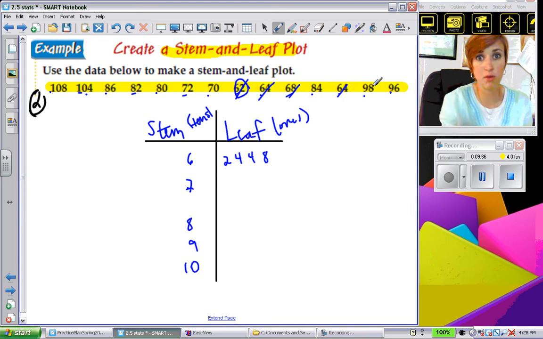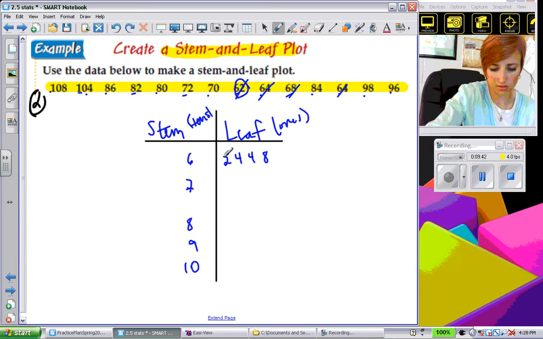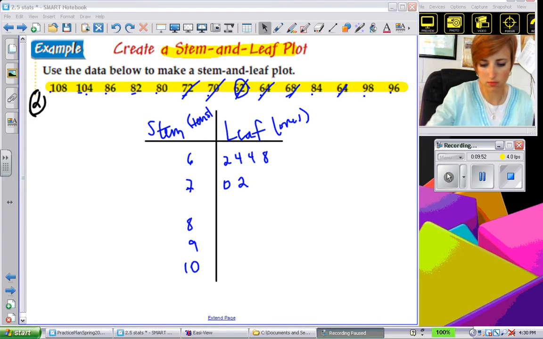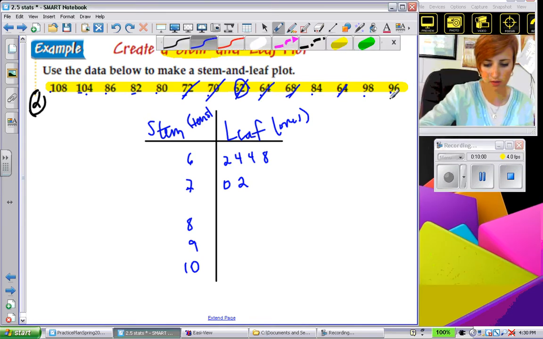Now we're going to move up to the 70s. So look for all the numbers in the 70s from lowest to highest. I'll start off with 70, which is 0. So 7 and 0 make 70. Mark it off. Then I have 72, so put my 2. Mark it. After we look through our 70s, I don't have any more numbers in my 70s, so I'm going to go back and look for my 80s.